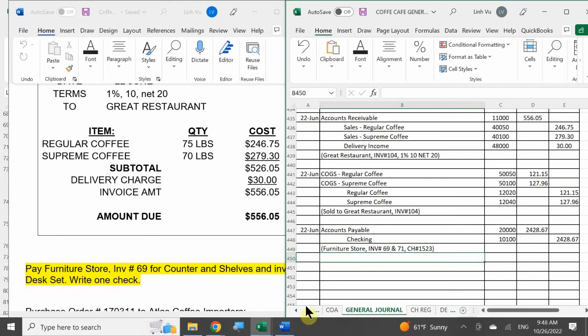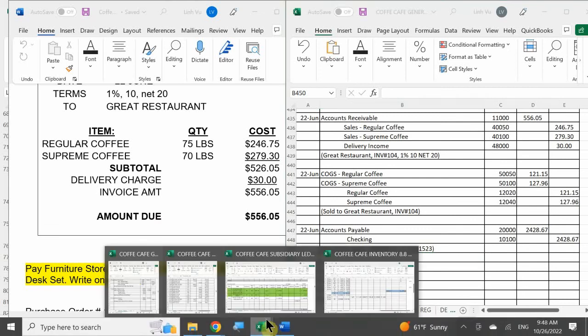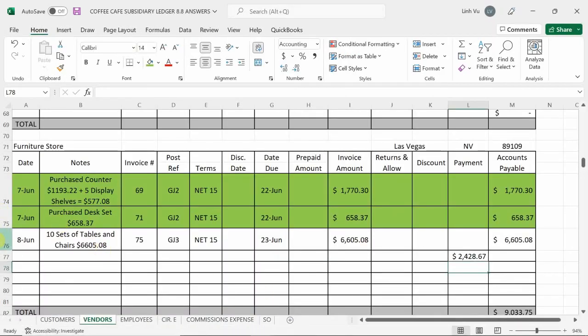We can, because we have to make the adjustment for paying off the debt and the purchase of the counter.